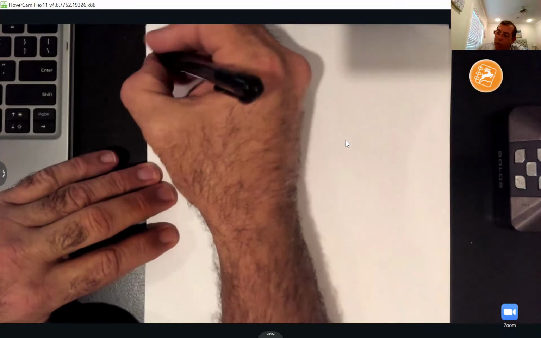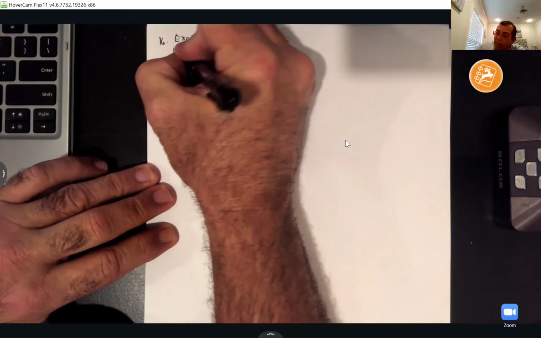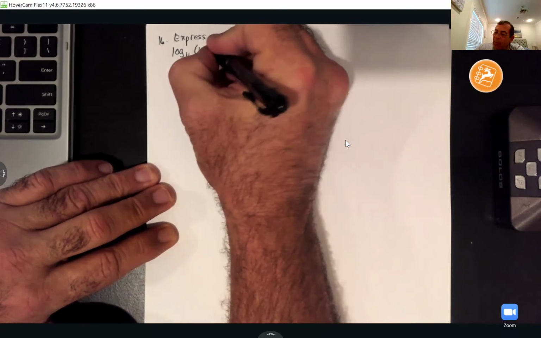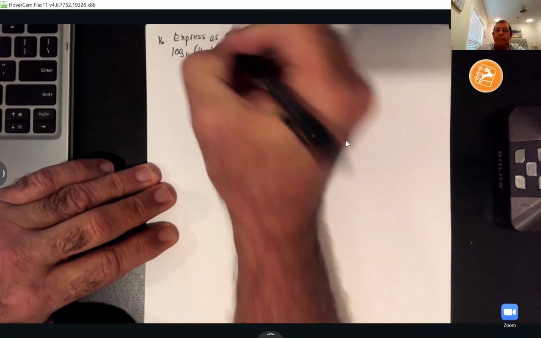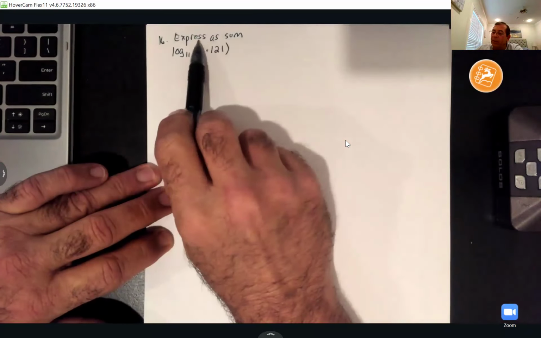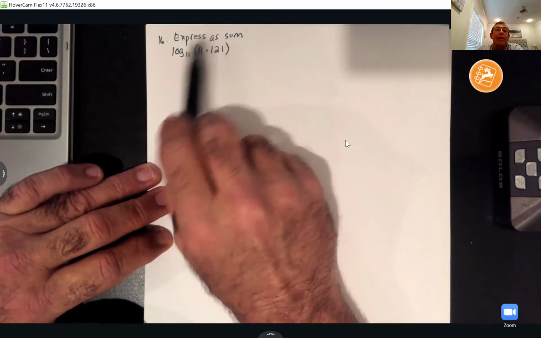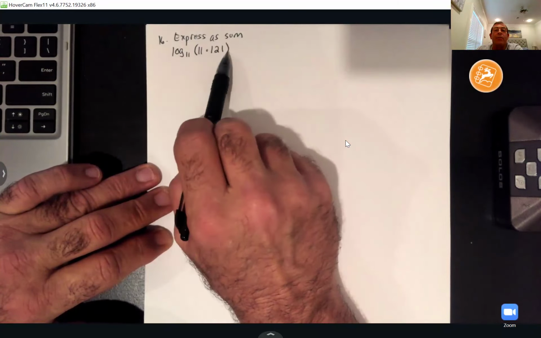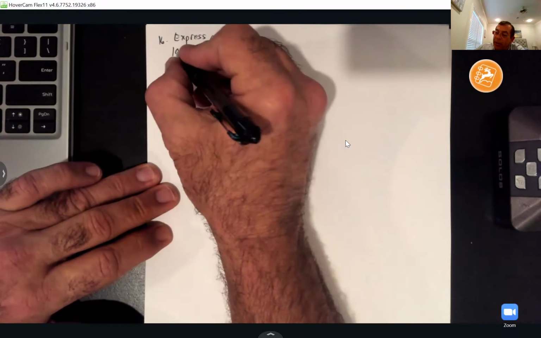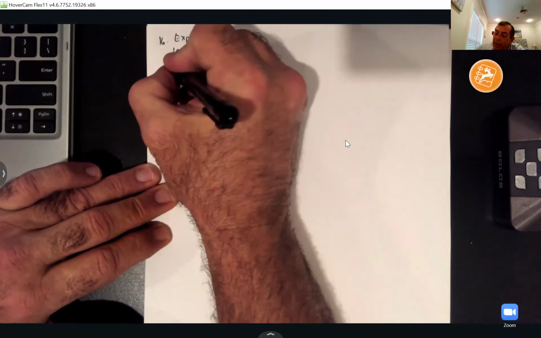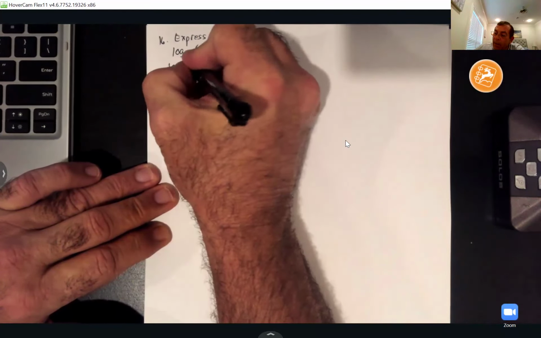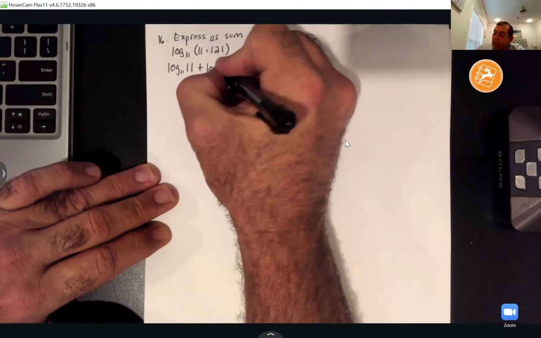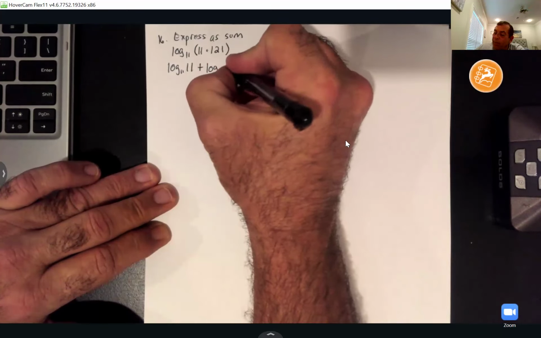So the product we're starting with is a log base 11 of 11 times 121. So express it as a sum means they're going to be added. So all we do is we distribute the log 11 to both factors and put a plus in the middle. So I get a log 11 of 11 plus my log 11 of the 121.